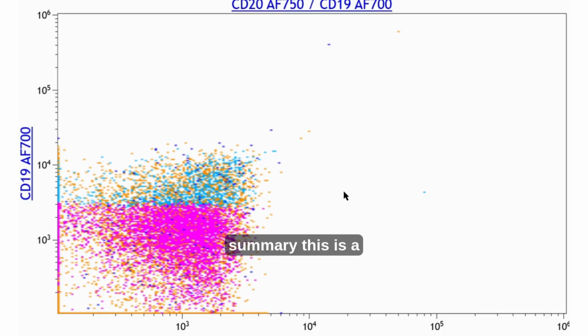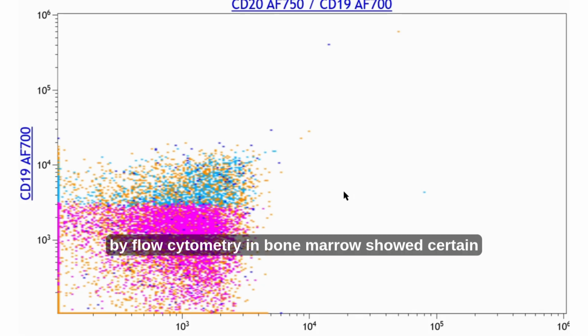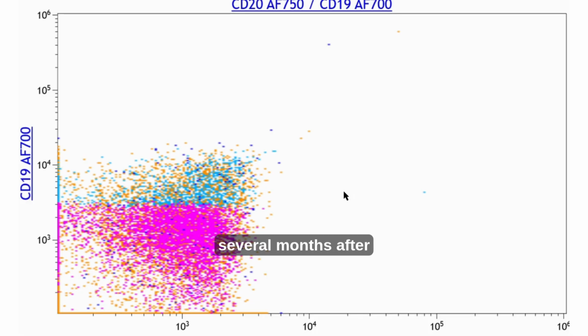So in summary, this is a DLBCL stage 4 case in an elderly patient whose previous immunophenotype by flow cytometry in bone marrow showed certain involvement, and after several months of treatment is still involved.